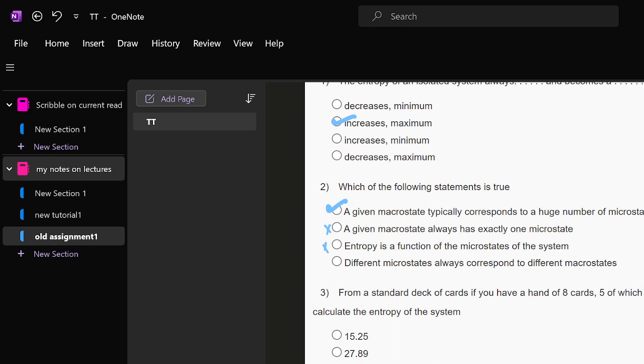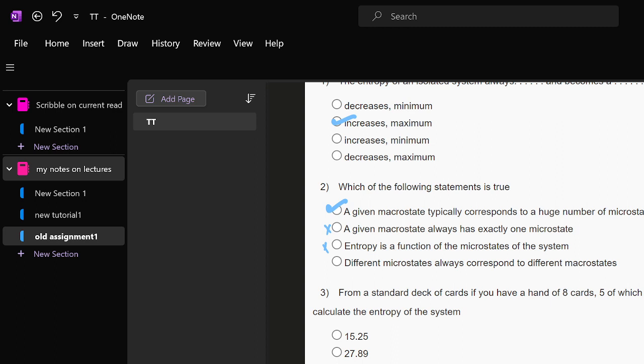But don't be confused, because entropy has a formula, S equals Kb ln omega, the Boltzmann formula, where Kb is the Boltzmann constant and omega is the number of microstates. Here omega is just a count. That does not mean that entropy is a function of microstates. Rather, entropy is a link between the microstate and macrostate, because its formula has the number of microstates in it, but in actuality it is a function of the macrostates and represents the macroscopic properties of the system.